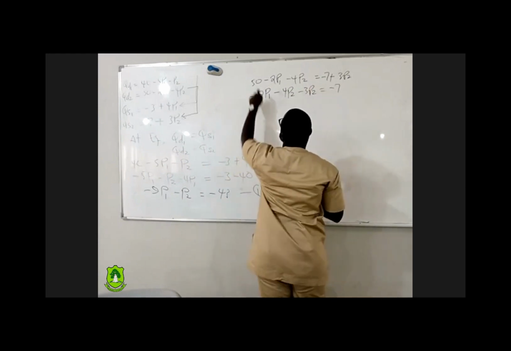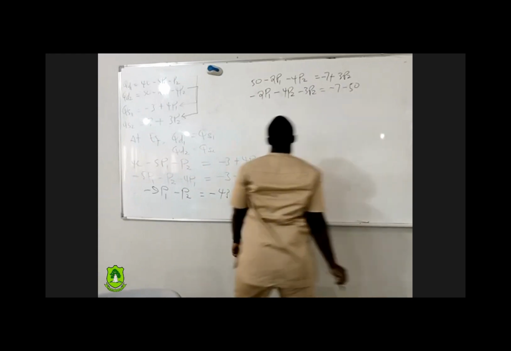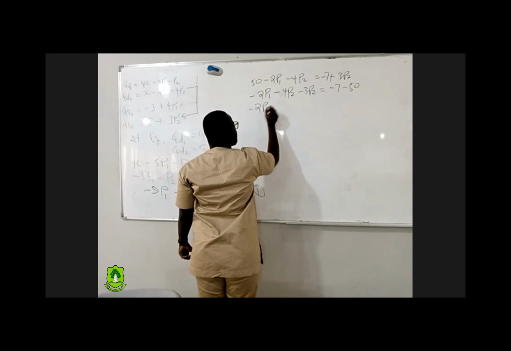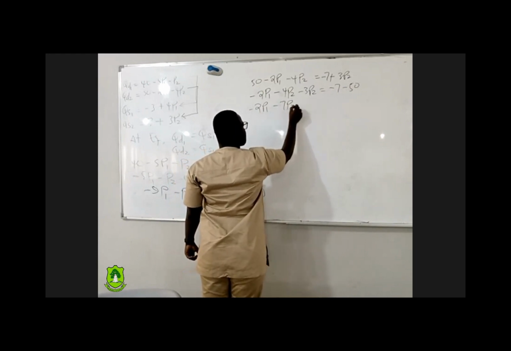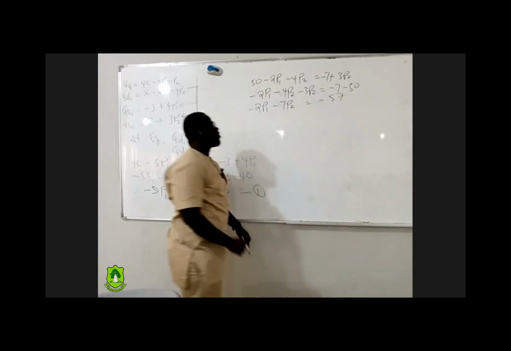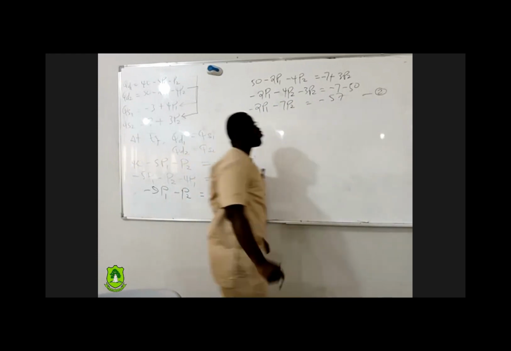This one will cross minus. So here will be minus 2P1, minus 7P2, which is equal to minus 57. Good. So here will be equation 2. So we have to solve this.